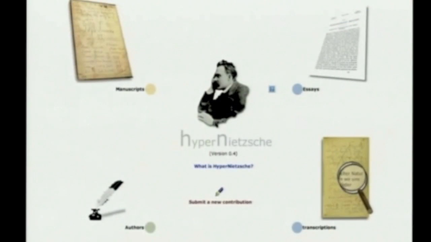Also, the home page changed accordingly, showing only the parts of the website that contained some materials. The problem of the other home page was that it presented the general structure of the hypertext, but you couldn't know which parts of the structure were empty, ready to welcome a new contribution, and which parts were already filled.